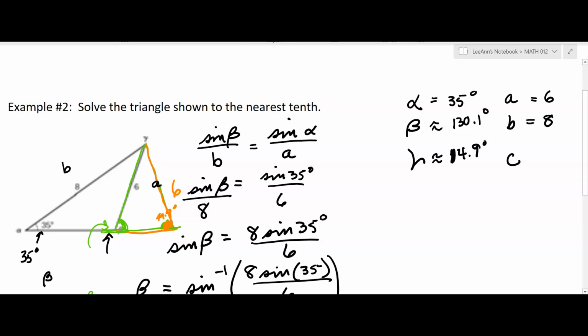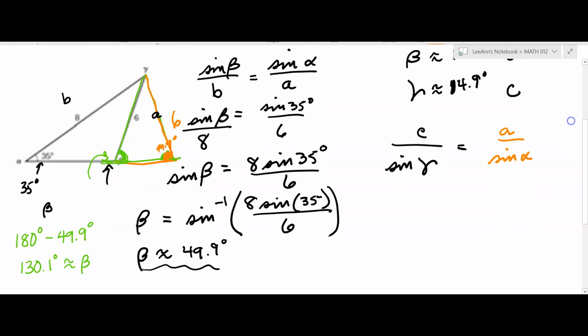And then now all we have to do is find C. And so we can use C over sine gamma is equal to, now I would go with the alpha and the A because you didn't round off for those. So I would say A over sine alpha. And then that we can work out.